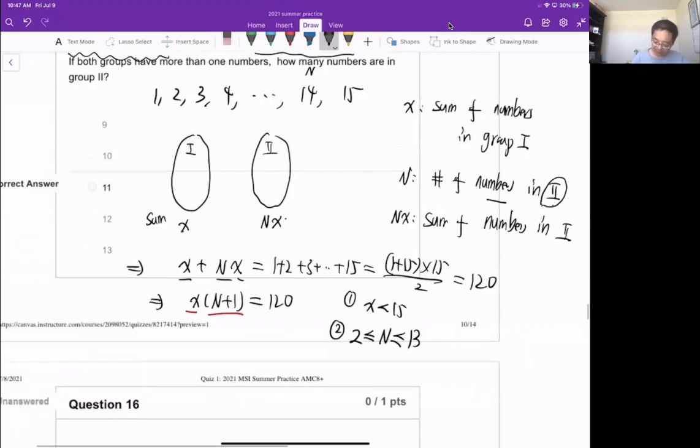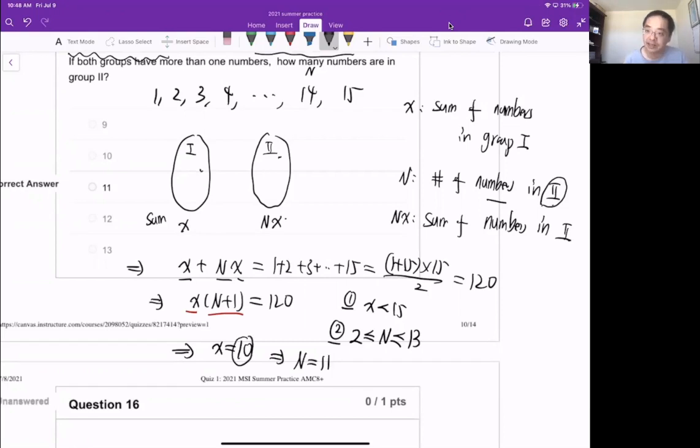Between 2 and 13. Now, if we combine these 2 pieces of information together, it's not hard to derive. There's only one valid value for X, which is X has to be 10, right? If X is 10, we just get N equals 11, right? So that means group 2 has 11 numbers and group 1 has 4 numbers. The sum is 10.